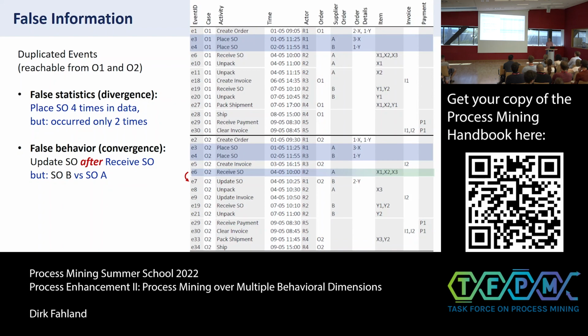Yeah. So I think you will still run into issues with the items and with the payments. So I would then, at some point, if I want to avoid all these false behavioral dependencies, have to multiply out everything. Well, then I don't have any more meaningful behavior in there, right? If I make the case identifier the combination of all the identifiers I see there.